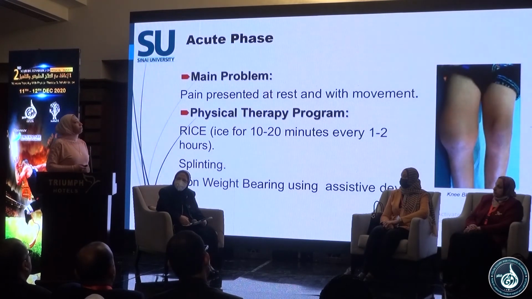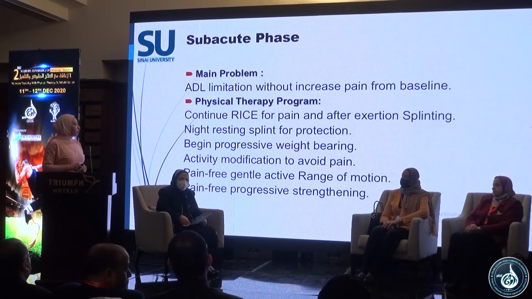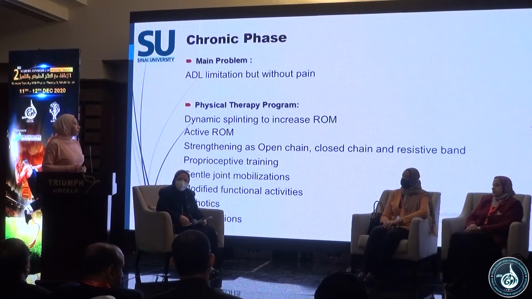Finally, if the joint bleeds, the main problem is persistence of pain at rest or in motion, where we must do RICE, splinting, and prevent any weight bearing in the acute stage. In the subacute stage, we should continue RICE after exerting, splinting, night resting splint for protection, begin progressive weight bearing activity modification to avoid pain, and pain-free, gentle active range of motion.